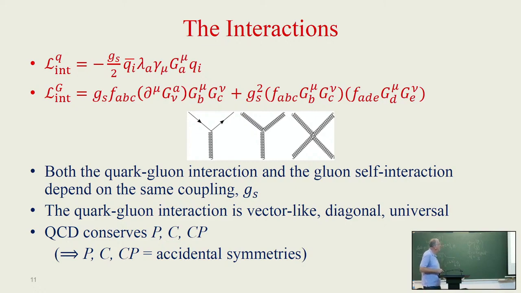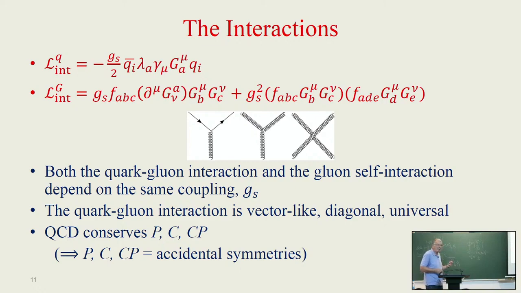And these interactions here are vector-like. If a left-handed charm comes in and out, or a right-handed charm comes in and out, it's the same strength of interaction. So for each of the 6 quarks, that's what it means vector-like. It's diagonal. There is a UU bar, DD bar, TT bar, etc. There is no off-diagonal.